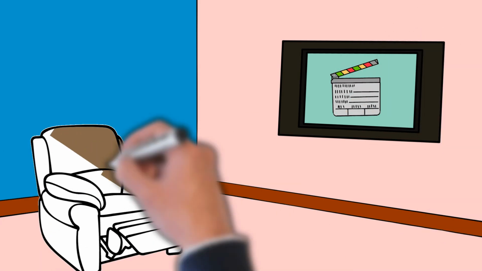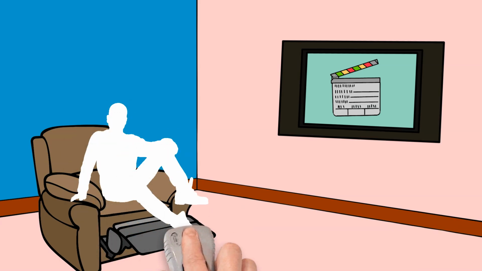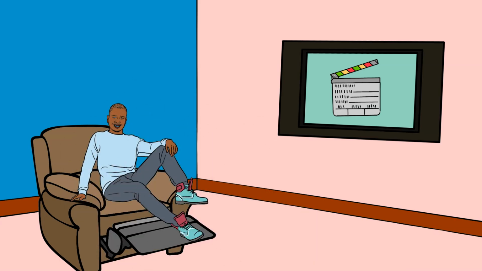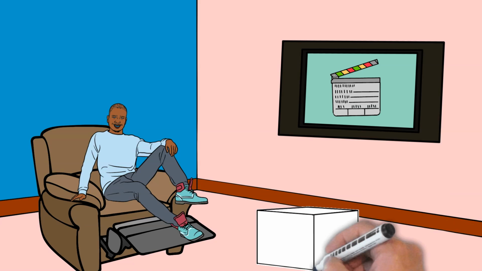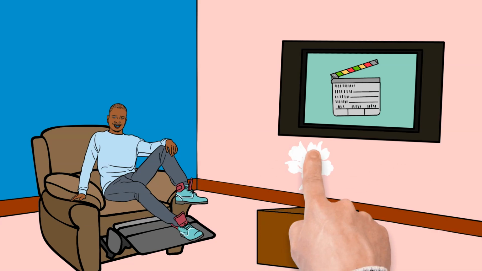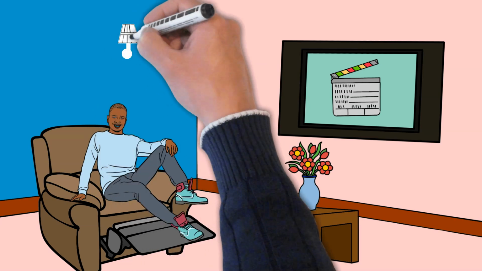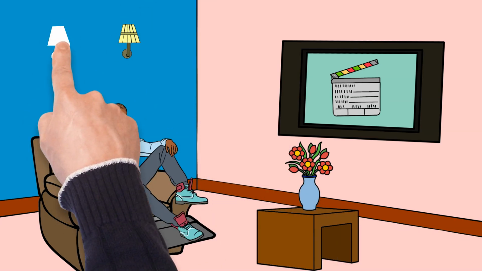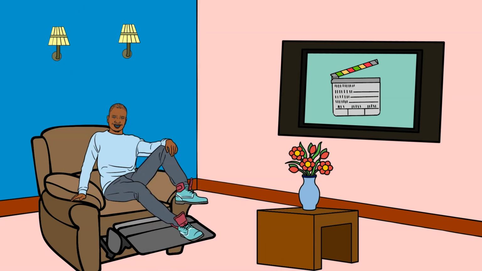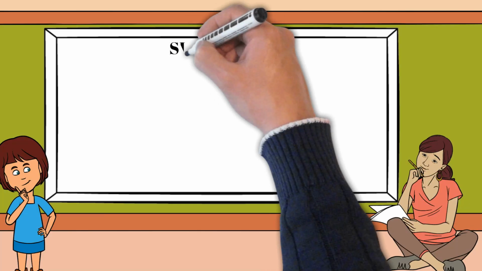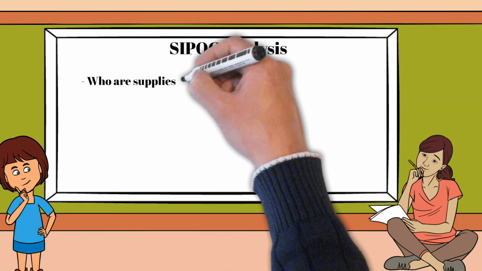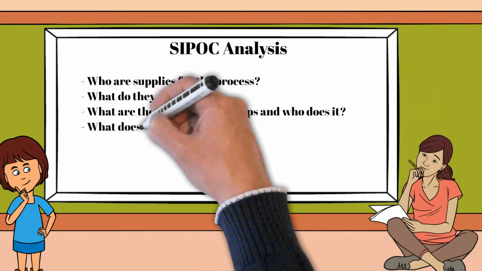Once the flowchart is ready, we can use the SIPOC tool to analyze the process in greater detail. Some people prefer to start with SIPOC and then build the flowchart. I personally prefer building a flowchart and then using SIPOC to clarify details and update the flowchart if needed. We start SIPOC analysis by listing suppliers and answering questions.